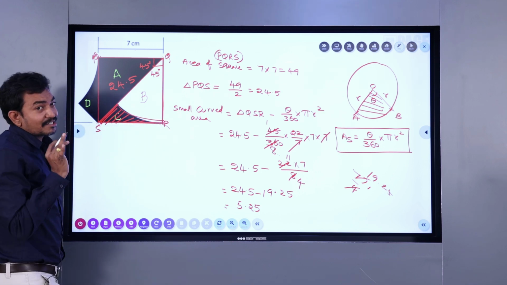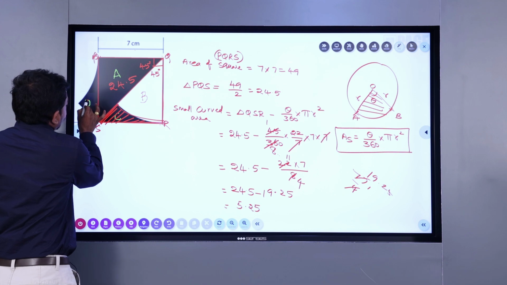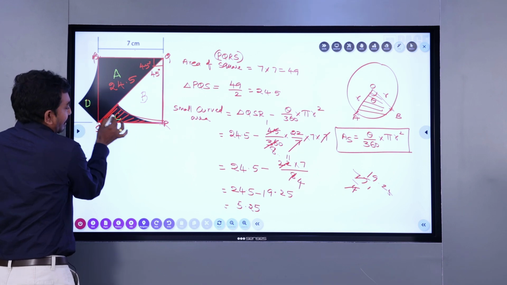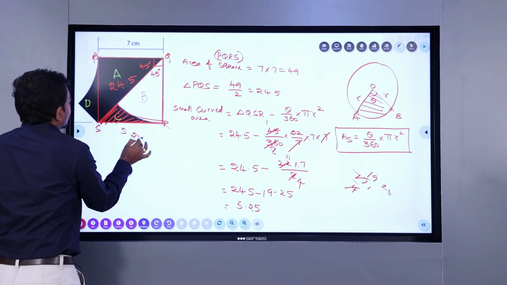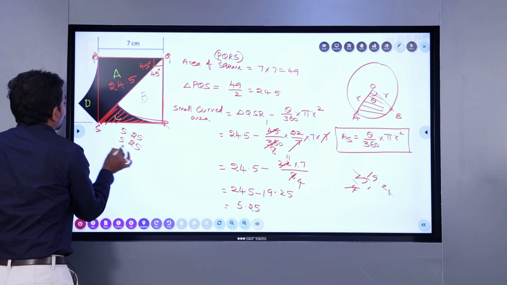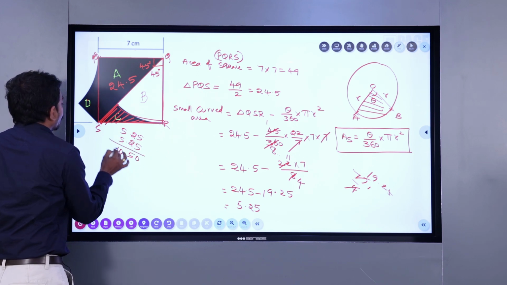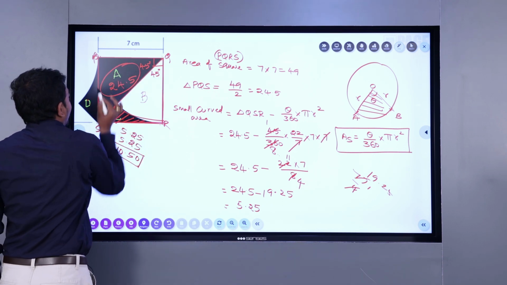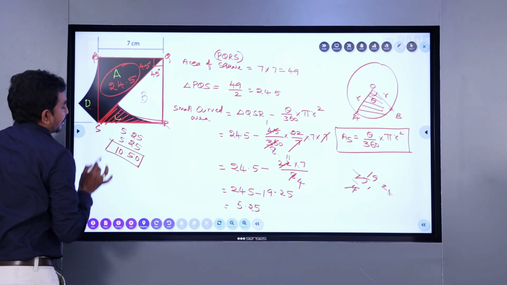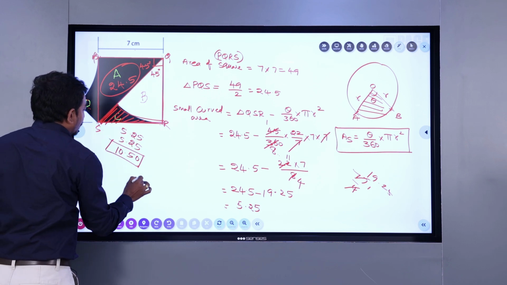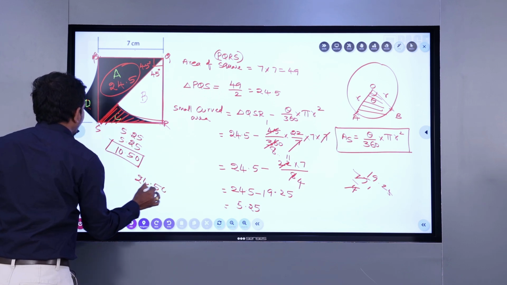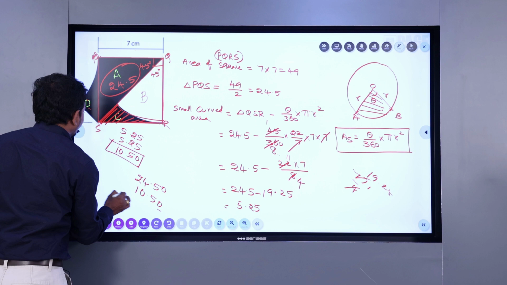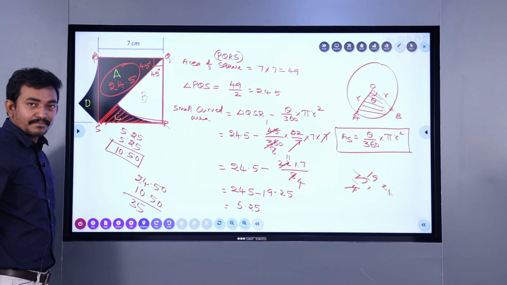But how many such curved parts are there, here and here? There are two such things, right? So 5.25 plus 5.25, the area of those two curved parts would be 10.5. This is 24.5. The sum of these two would be 10.5, which puts together how much? 24.5 plus 10.5, that is 35.